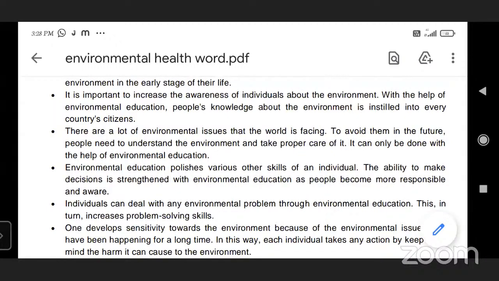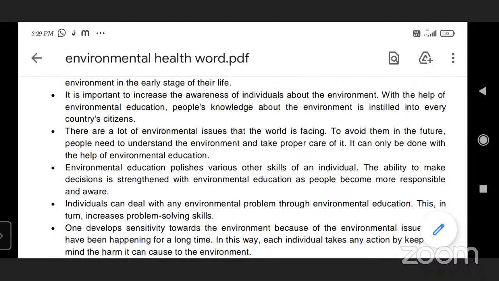This in turn increases problem solving skills. We can sort out environmental problems with environmental education.